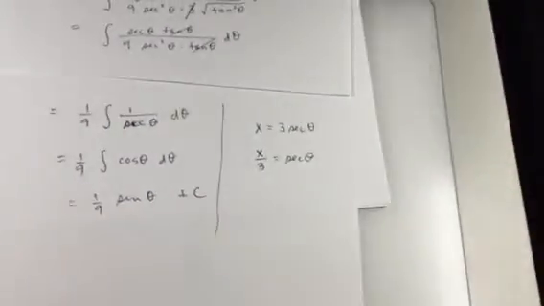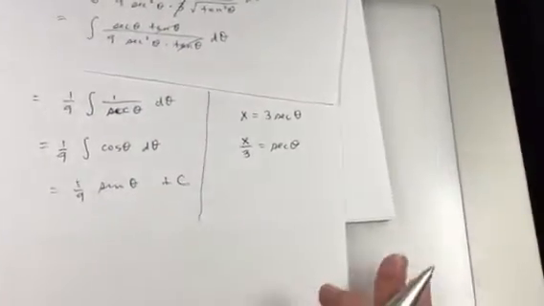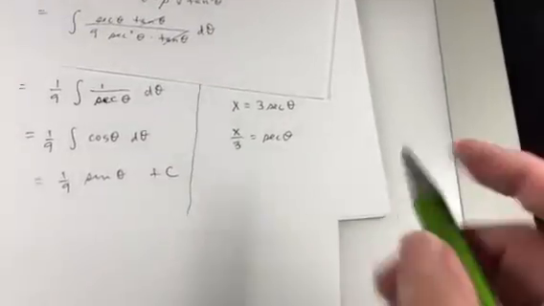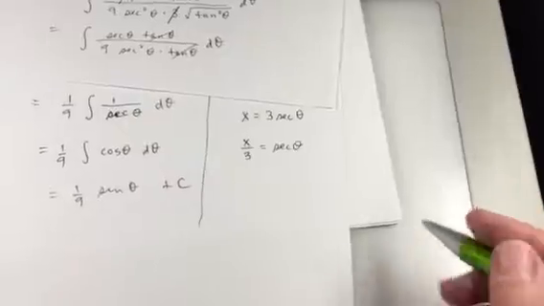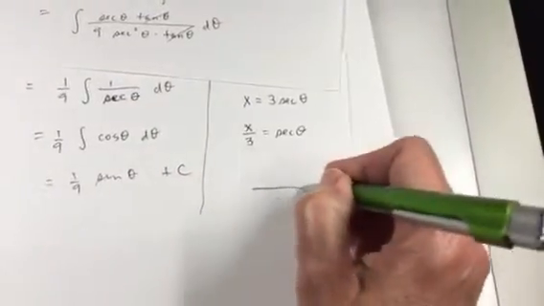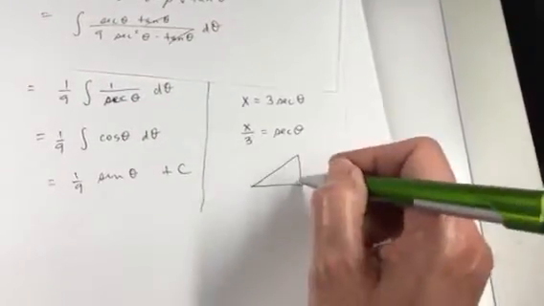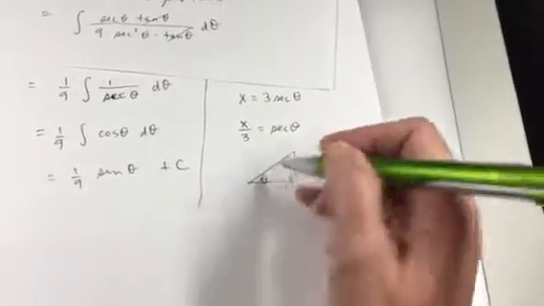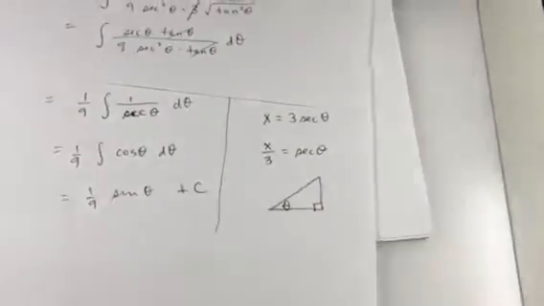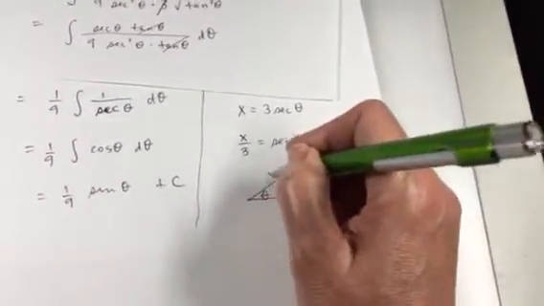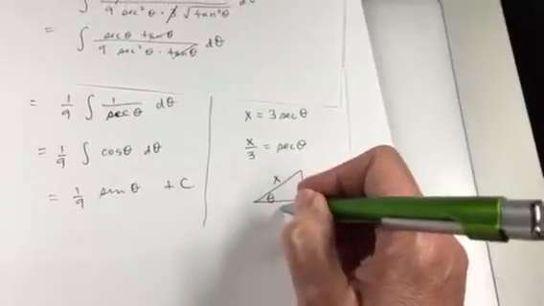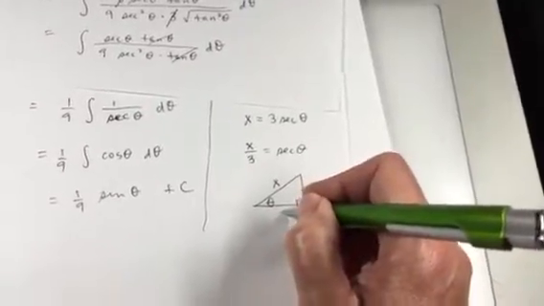I'm remembering SOHCAHTOA from trig. I need to draw the triangle for this. Here's my right triangle. Here's theta. Let's see, secant theta is x over 3, so that is hypotenuse over adjacent.